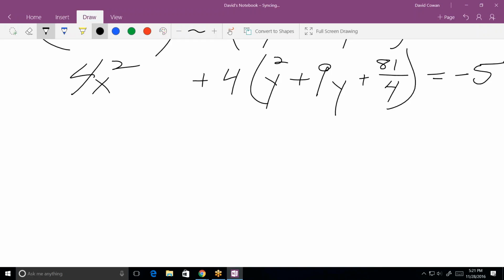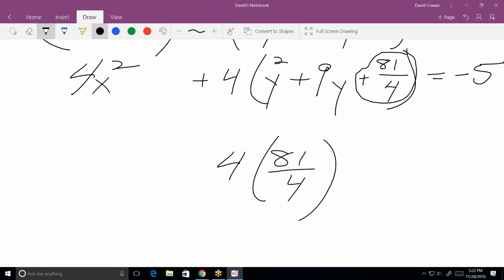Do it the easy way. Multiply the 4 times that 4, I added 81. In other words, the moment I wrote in that, I added to the left side of the equation this amount, because it's being multiplied by this 4 that I factored.